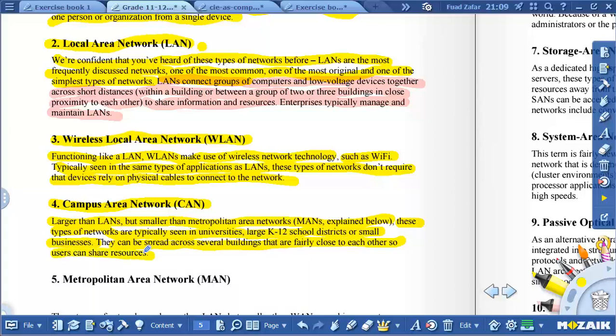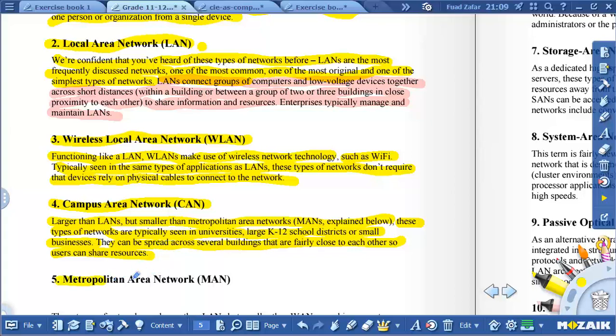Like it could be in a university, as you know that it's smaller than metropolitan, but it's bigger than LAN and WAN. That means if you have a campus, a university, to connect them to each other. Basically, the role of all these networks is what? To help them share resources with each other.